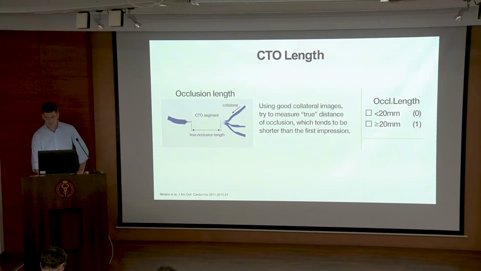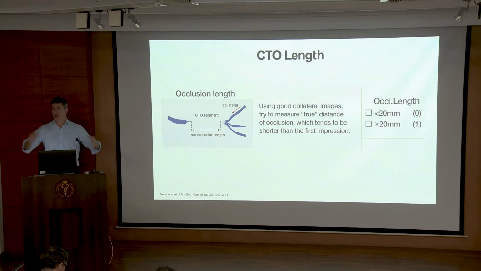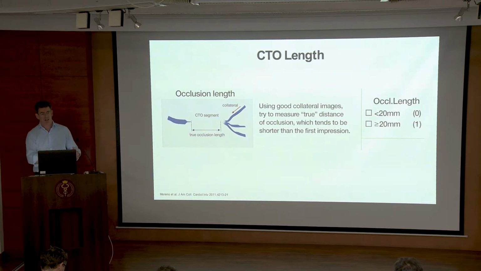Now, CTO length is sort of self-evident: the longer the lesion, the more chance there is of you going off course when you're trying to get from one end to another. The cutoff value that we have in our head is around 20 millimeters. If a lesion is longer than 20 millimeters, there is a significant increase in the rate at which you're going to go into the subintimal space.